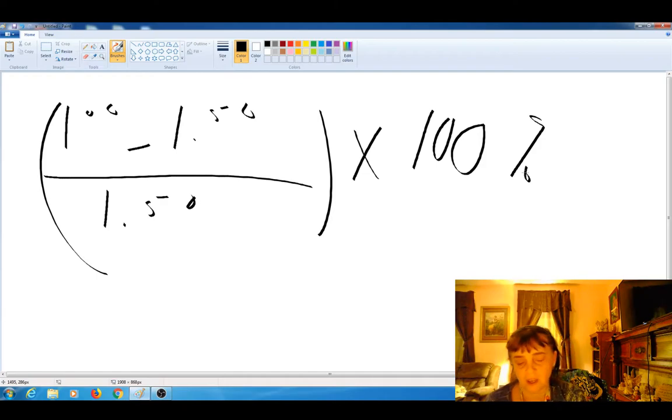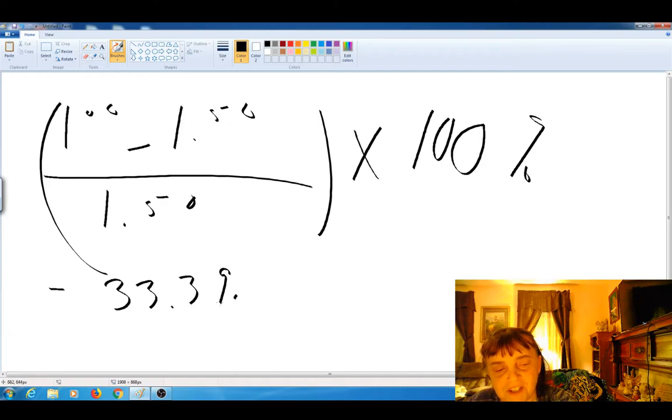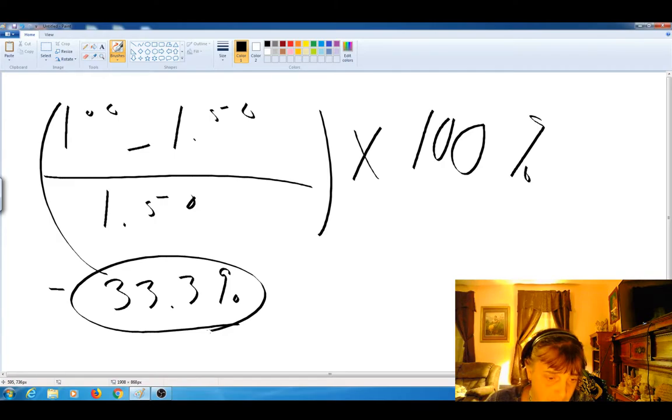So it would be a negative 77.8%, which means a decrease. So the percent change is a decrease of 77.8%.